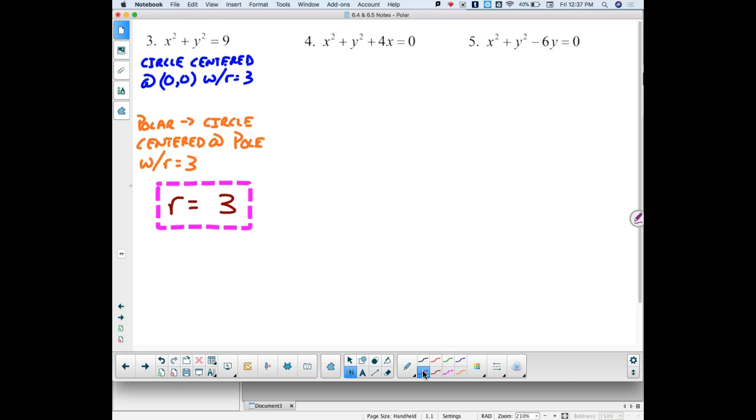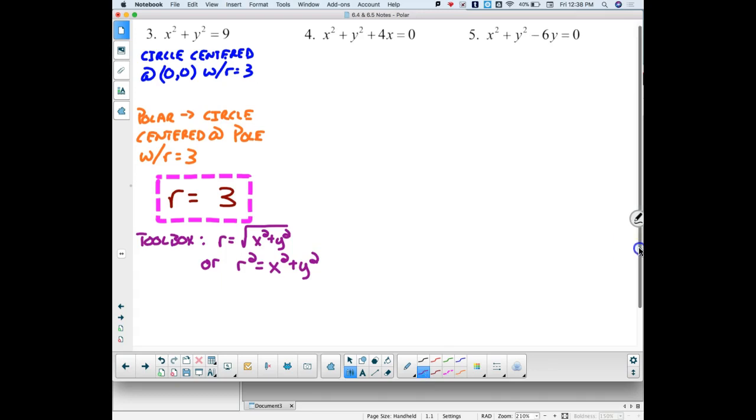So from my toolbox, we could use that one, or we could tweak that tool a little bit, right? So r squared would equal x squared plus y squared, right?